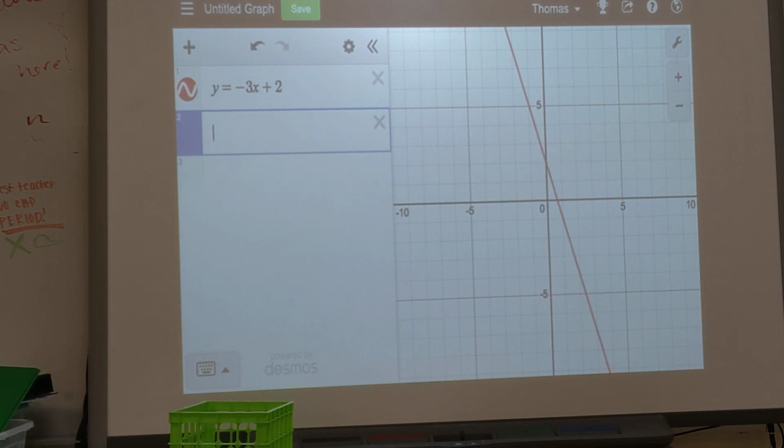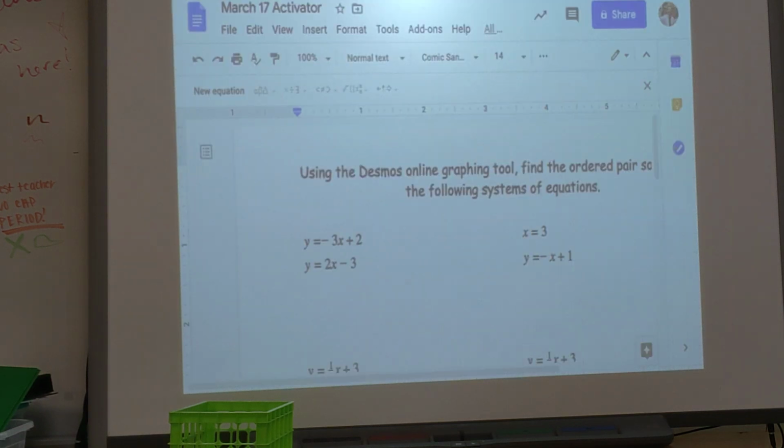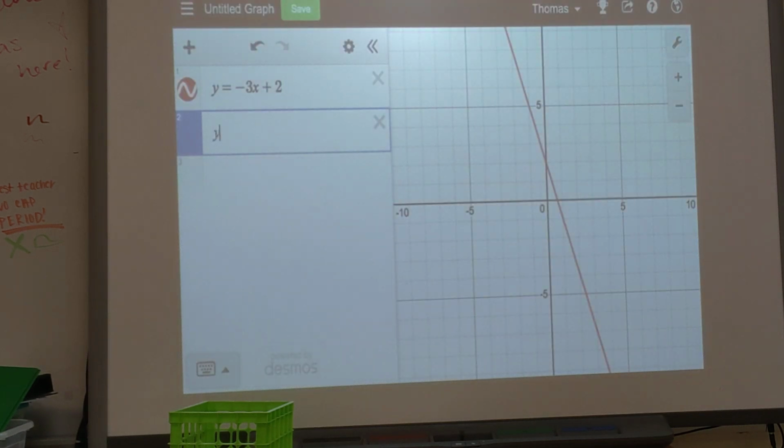Hit enter. And then my next one is y equals 2x minus 3. Once I have both lines graphed, I move my cursor over to where they both intersect one another, and I see here that my ordered pair solution is 1, negative 1. So that's what you should have typed on your sheets: 1, negative 1.